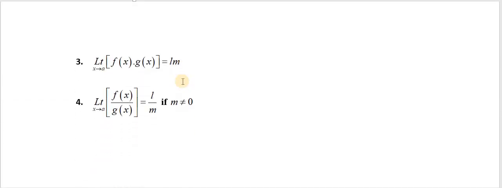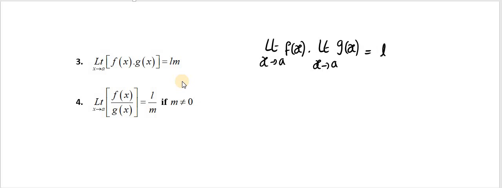Third one, limit x tends to a of f(x) into g(x) equals L into M. That is, LHS can be written as limit x tends to a of f(x) into limit x tends to a of g(x). We know both values.